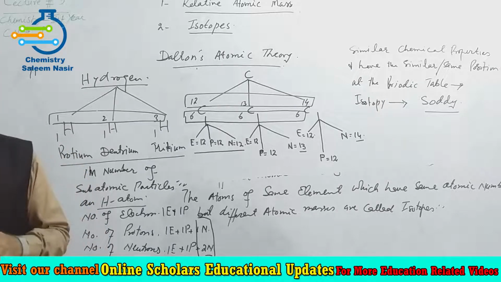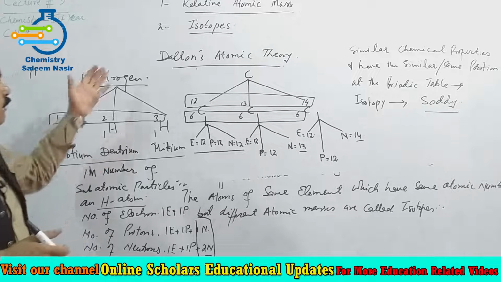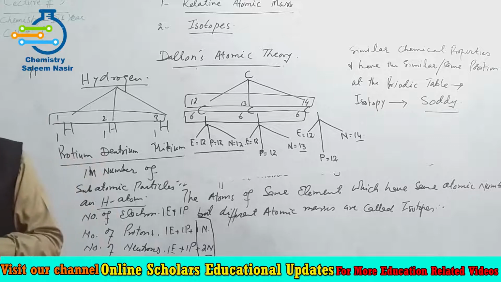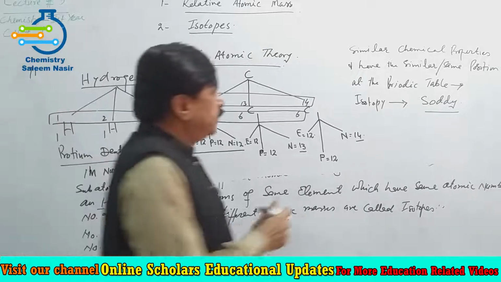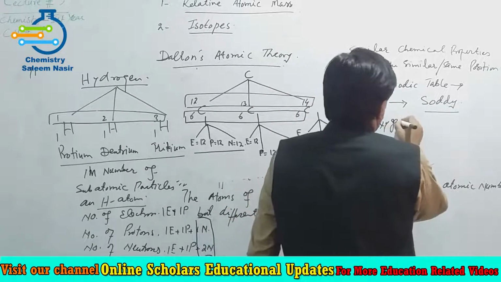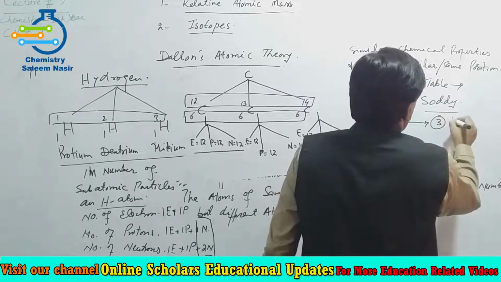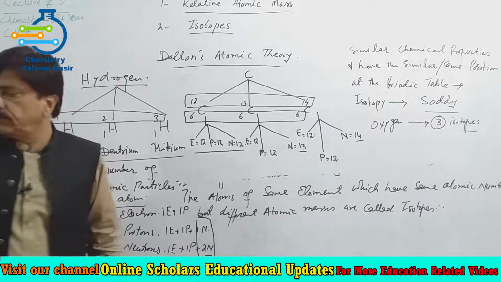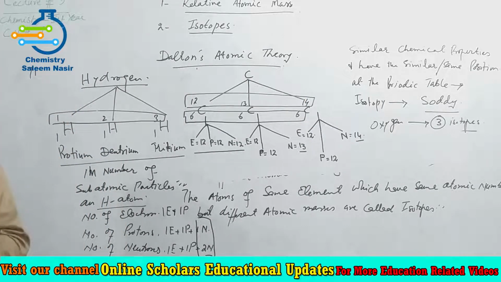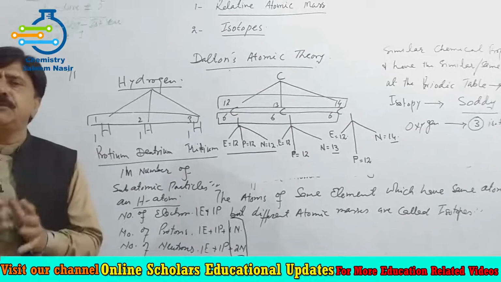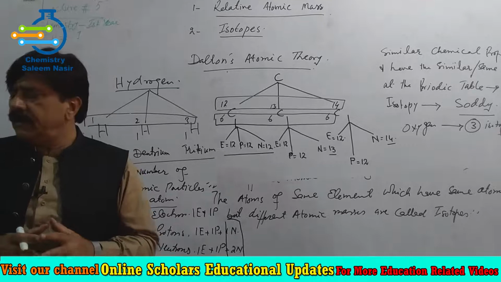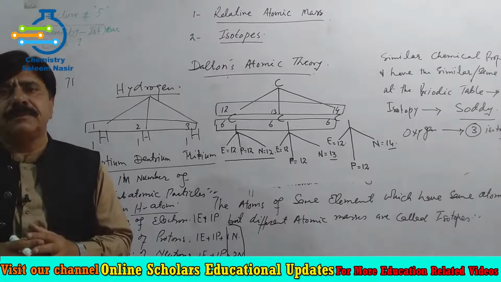As I have told you, hydrogen has 3 isotopes, carbon has 3 isotopes, oxygen has 3 isotopes, and nickel has 5 isotopes. Calcium has 6 isotopes, cadmium has 9 isotopes, and tin has 11 isotopes.